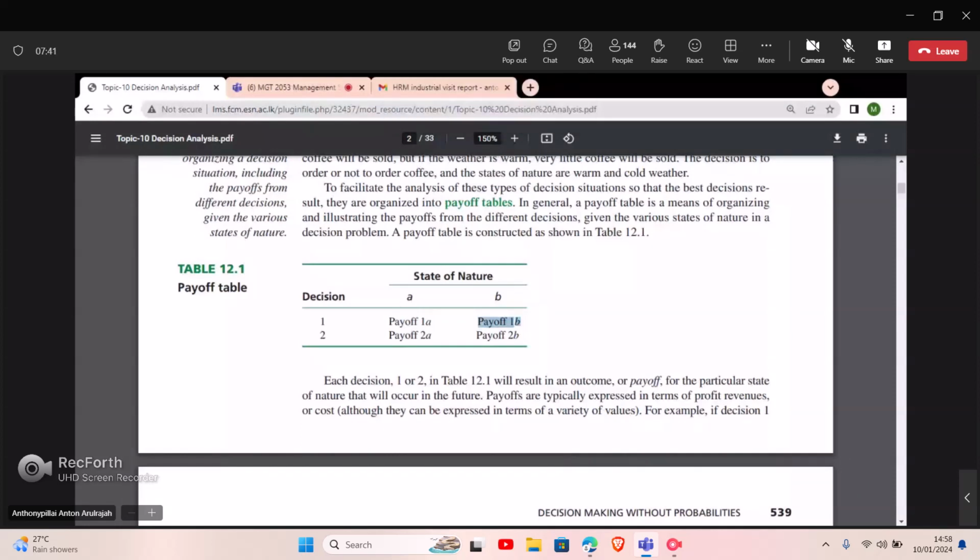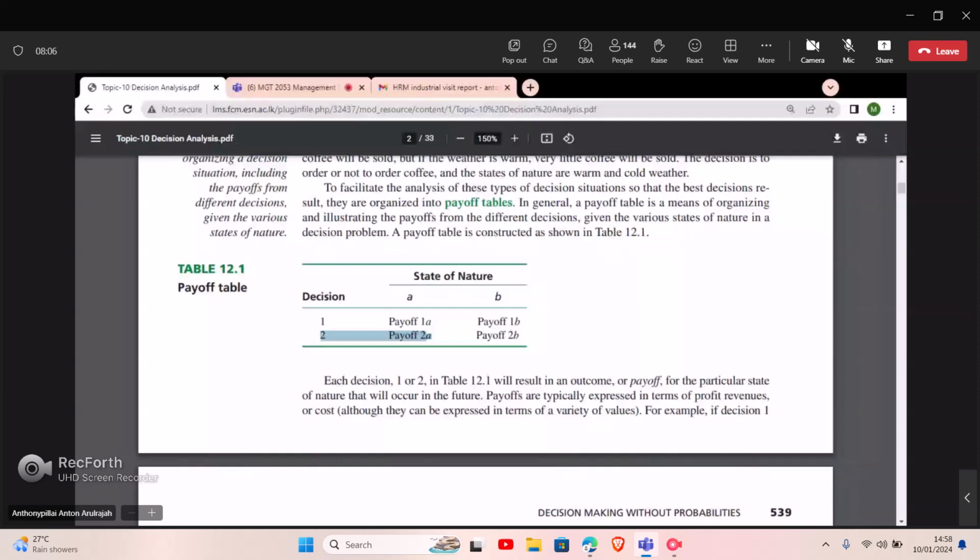If it is within brackets, that is negative, and positive is given without brackets. Similarly for decision two, what is the payoff if the state of nature is A and if it is B?